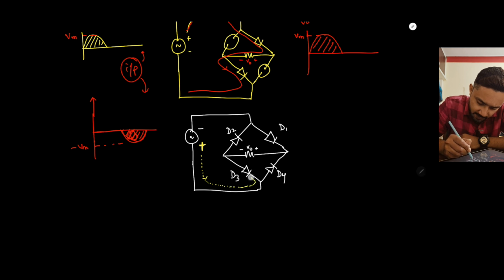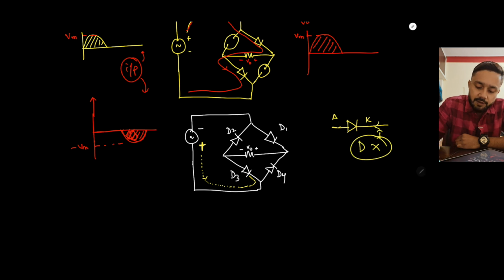You can see this current is trying to enter through the cathode of the D3. So when current tries to flow through the cathode, then the diode won't conduct. So this D3 won't conduct. Okay. So when the current tries to flow like this, obviously the current now tries to enter through the anode of the D4. So the D4 will conduct and it will allow the current to pass. Okay, fine.